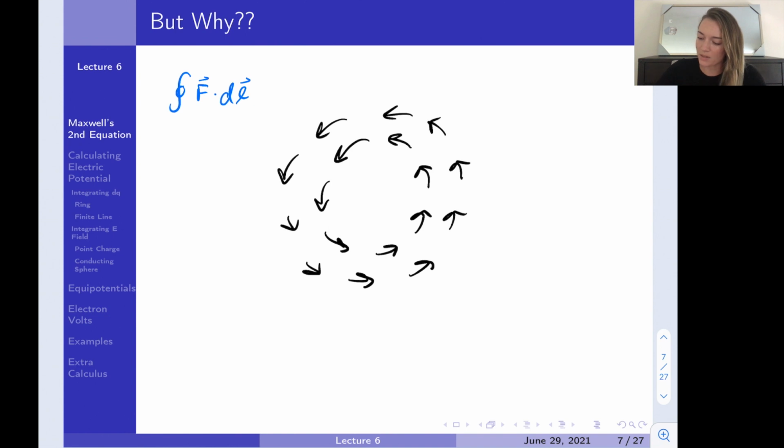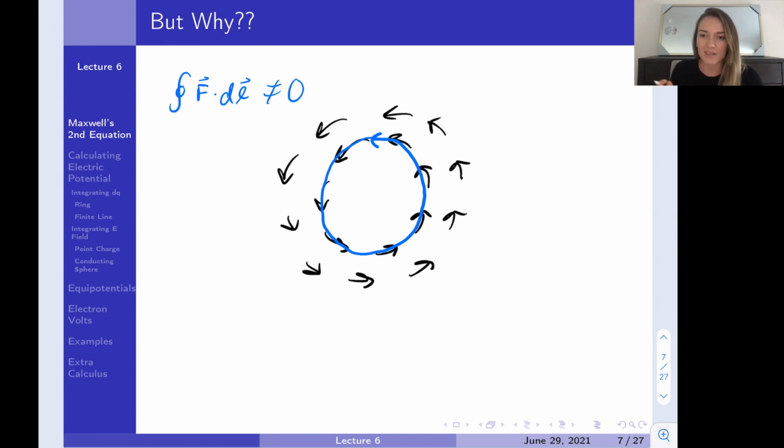So if I were to integrate around this vector field from here around to here, my line integral is going in the same direction as my force, as my field. So this integral is going to be non-zero because look at all this field that I'm integrating over. So this line integral will be non-zero.